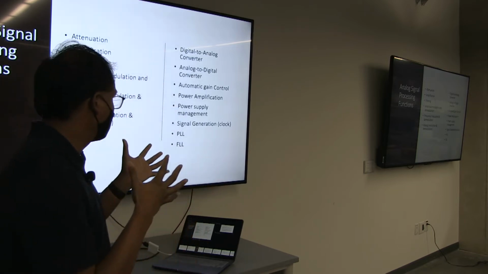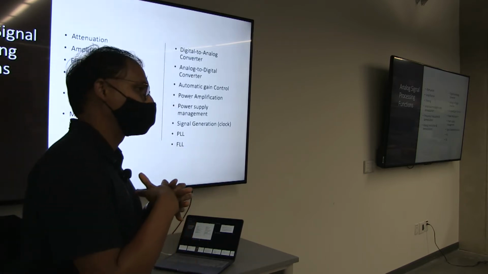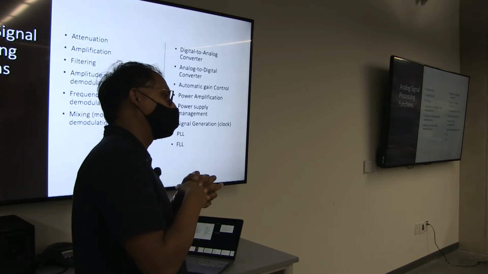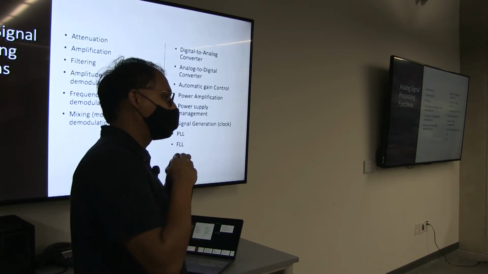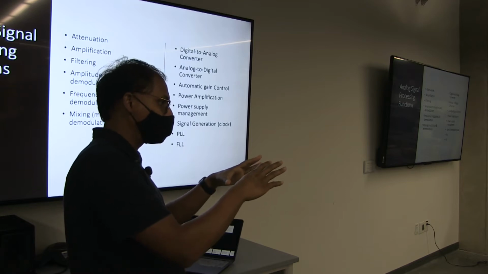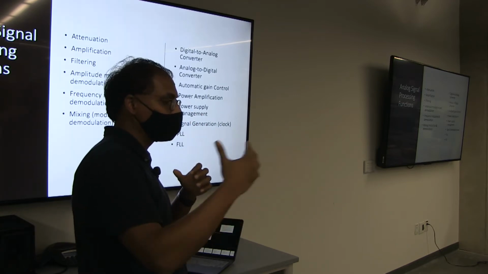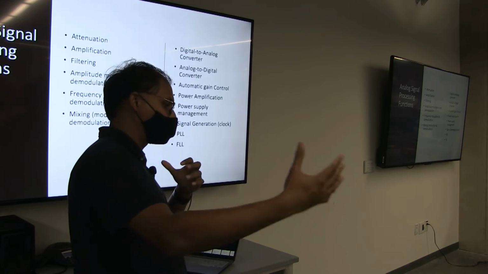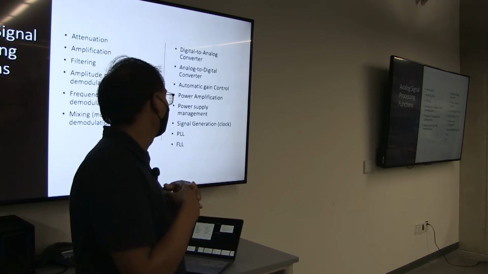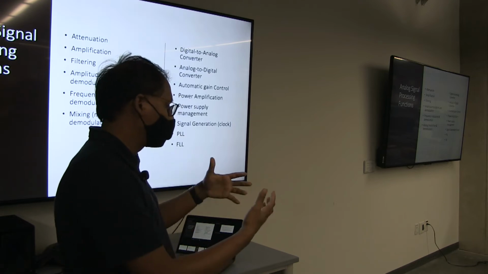And then power amplification is basically whenever we blast a signal into air, we use power amplification because air as a medium attenuates a lot. So we amplify the power that is coming out.